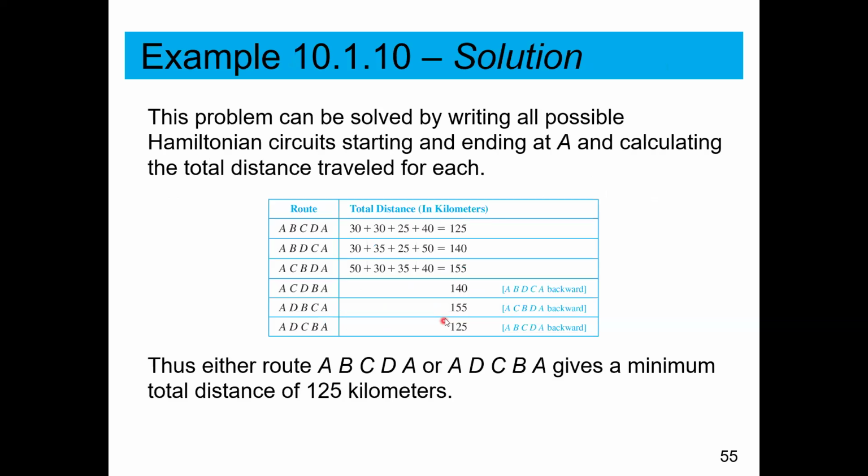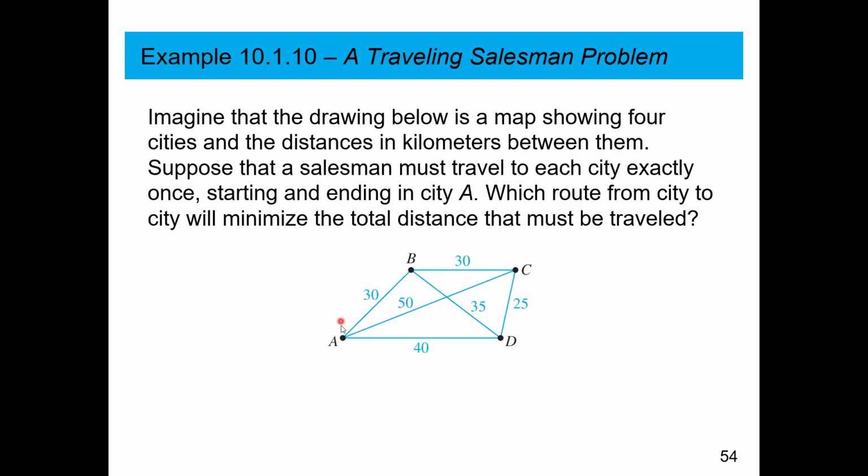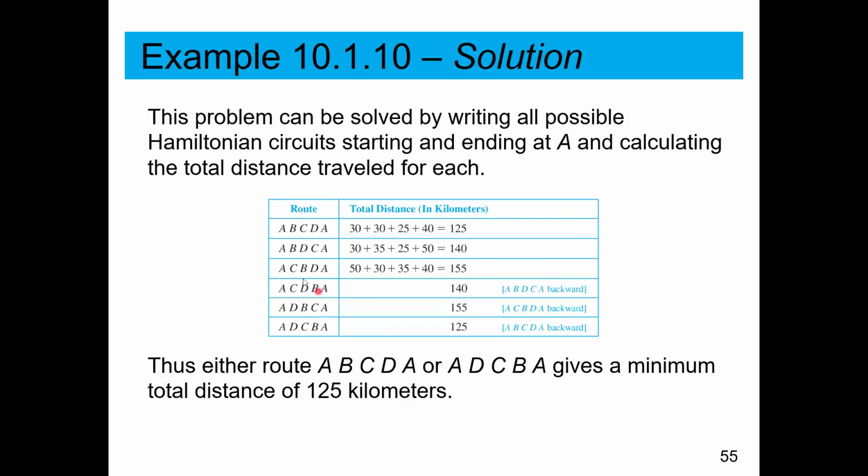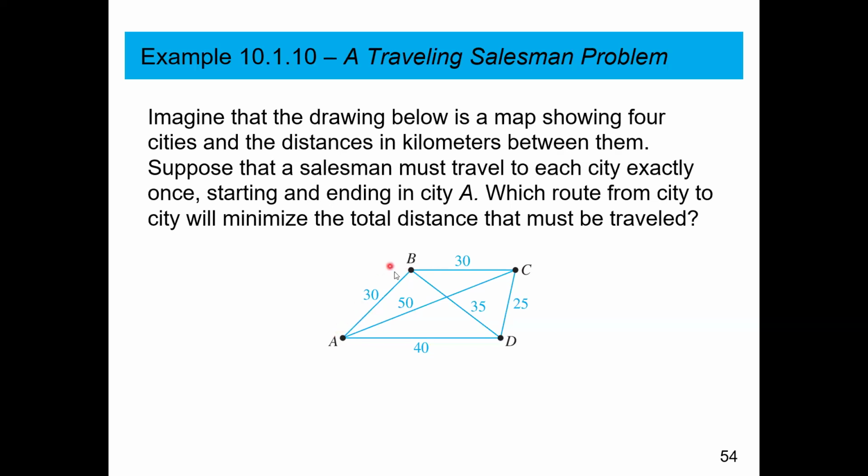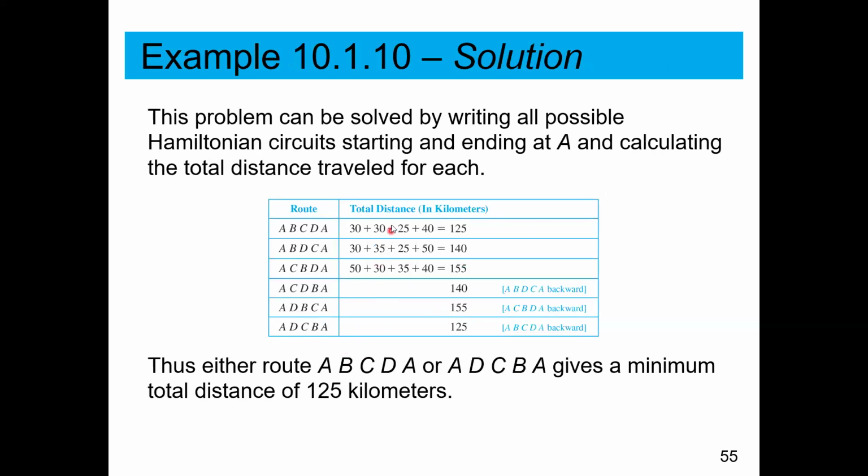And if we do that, we have really 3 different options that go around: A, B, C, D, A; A, B, D, C, A; and the other one is A, C, B, D, A. So there's 3 different options, and everything else is just the same sequence in a different order. Then we can compare and see which one's the best. Well, this first one going around the outside turns out to be the minimum.